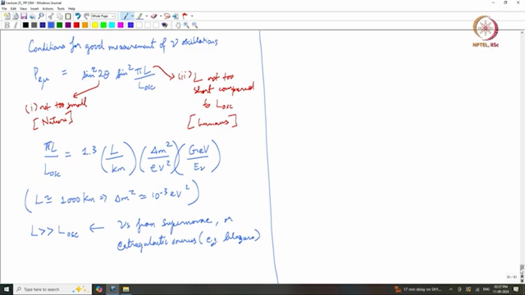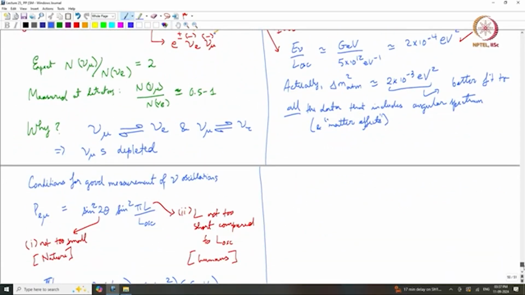So how would you think of it then? What would you put into the sine square pi L over L oscillation? What is the value of that?